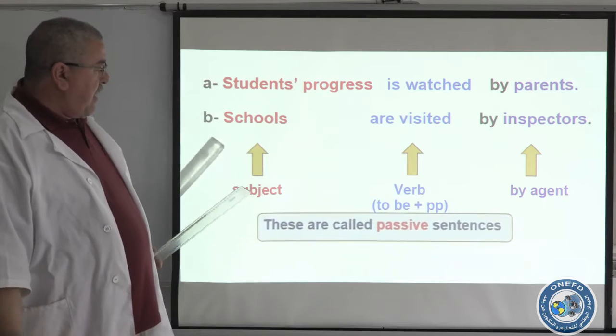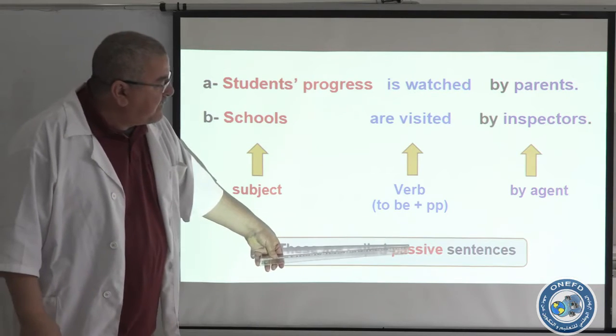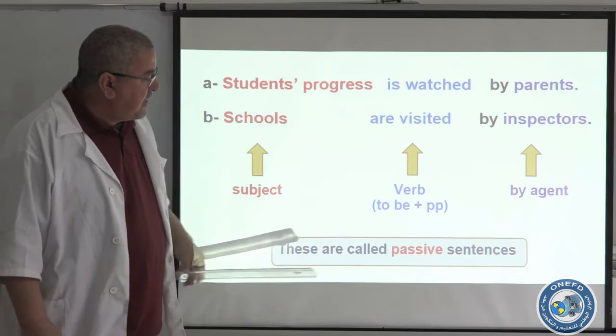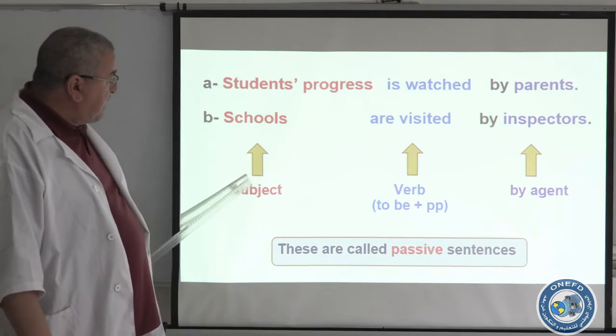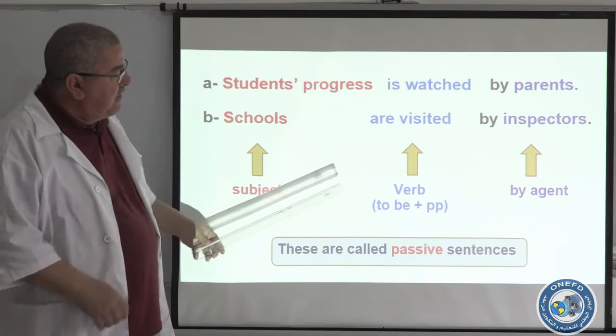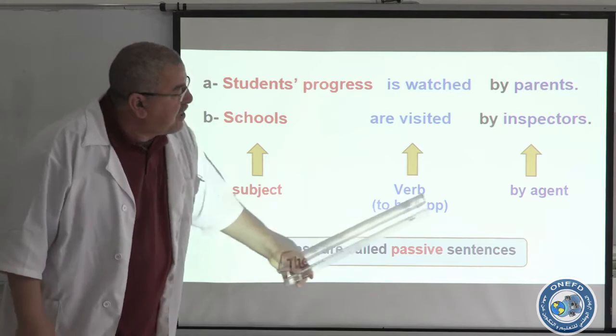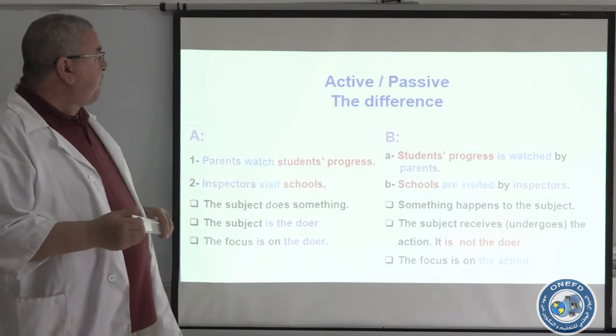And this is why we call this type of sentences passive sentences, because in reality the subject here does nothing. The action is done by the agent.